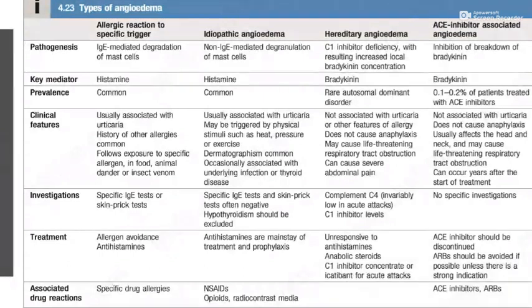Investigations of the allergic type: specific tests or skin prick tests. Of the idiopathic type: specific IgE tests and skin prick tests, resulting in negative results, and you should exclude hypothyroidism.